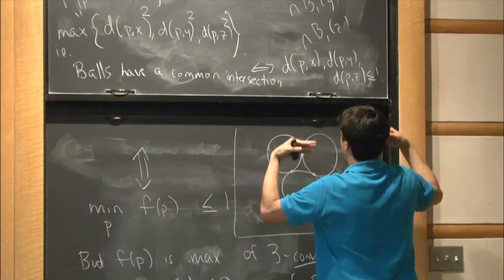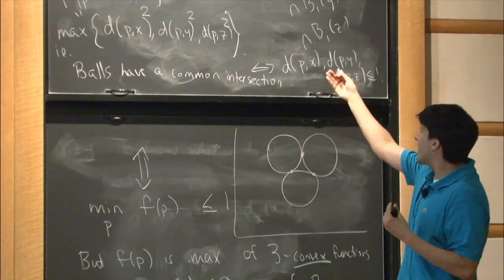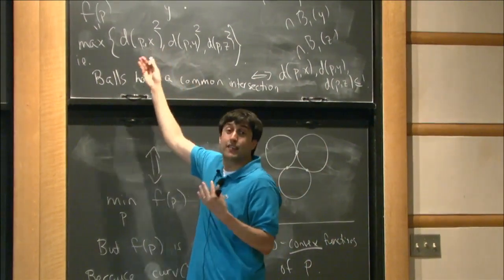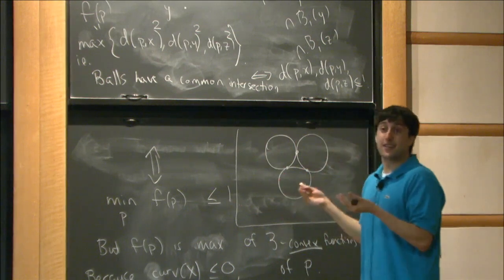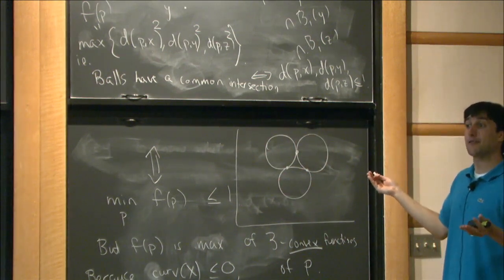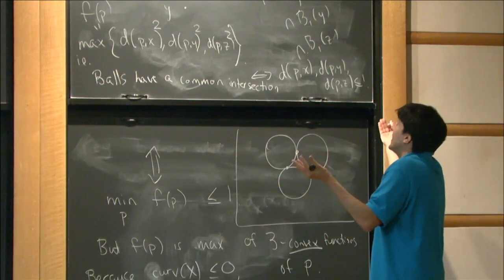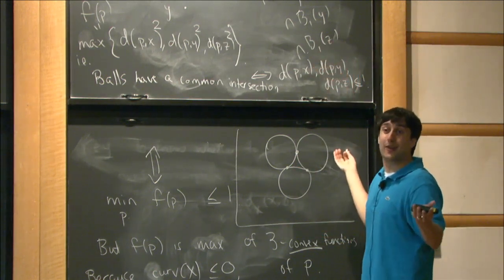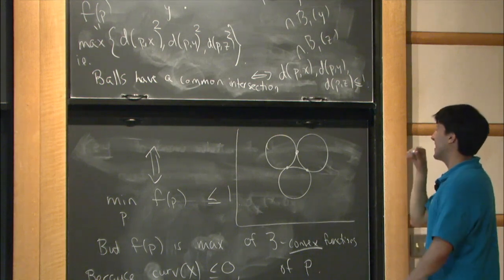Maybe these balls have quite a thick intersection, and you run an algorithm to minimize this function, and you reach a point which is good enough. If you have a point, it's really easy to test whether its distance is at most 1 from the points x, y, and z, right? That's not hard.